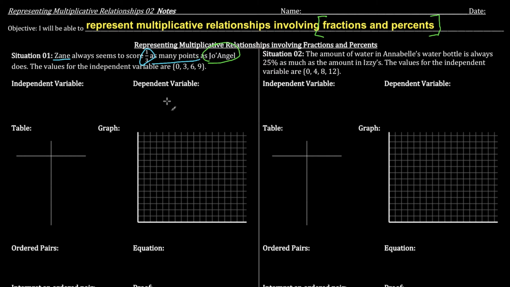So we're talking about Zane's points. He is the dependent variable. Remember, that's the subject. I'll put number of points for Zane. And that means this will be the number of points for Joe Angel.